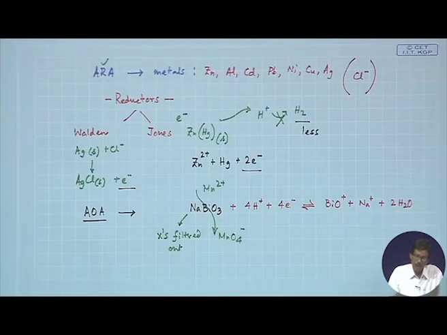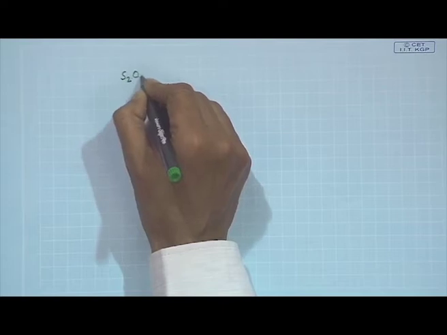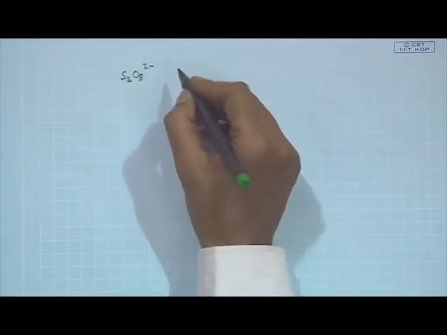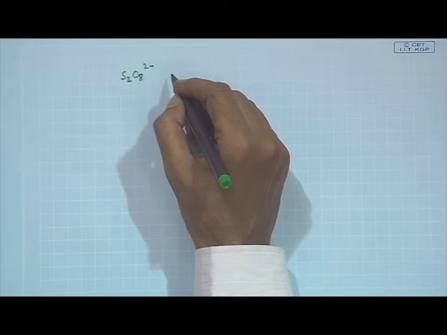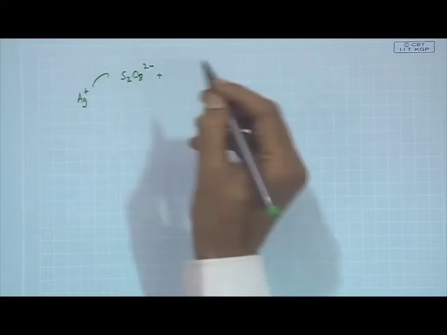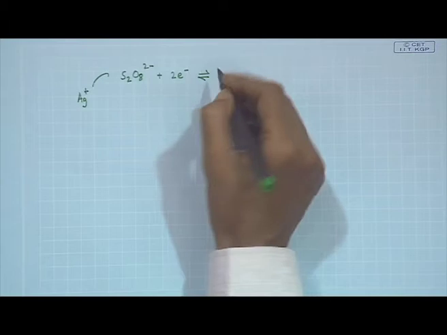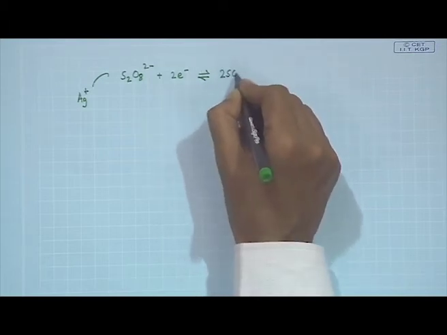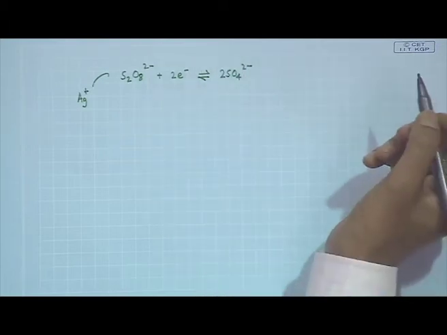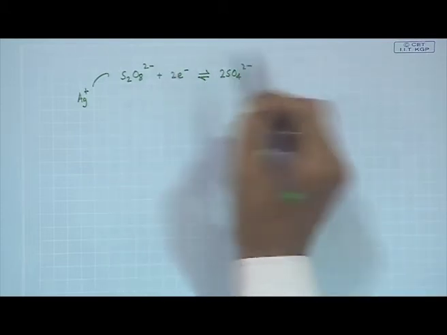Similarly, the other auxiliary oxidizing agent which is also well known is persulfate. The persulfate anion is S2O8 2 minus. In the presence of a catalytic amount of silver ion, it can accept 2 electrons forming twice SO4 2 minus, and this basically goes for the corresponding oxidation of the other species.